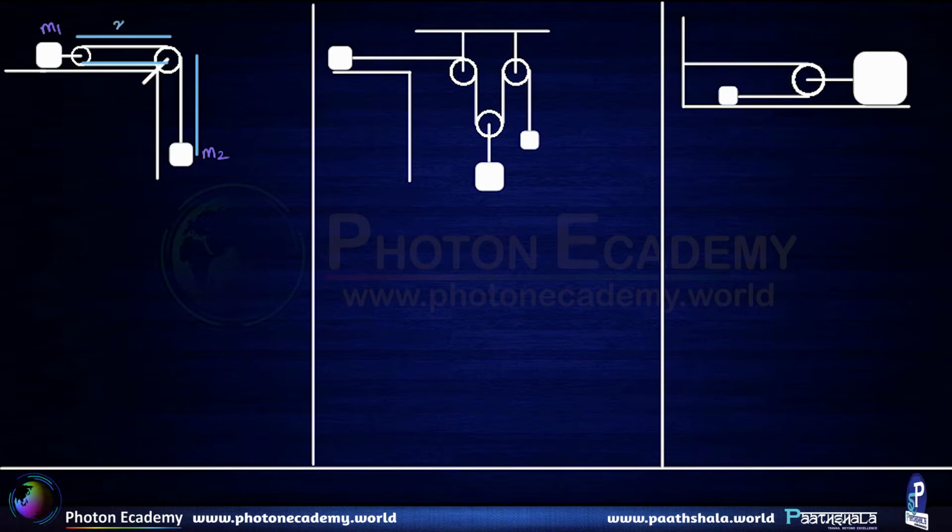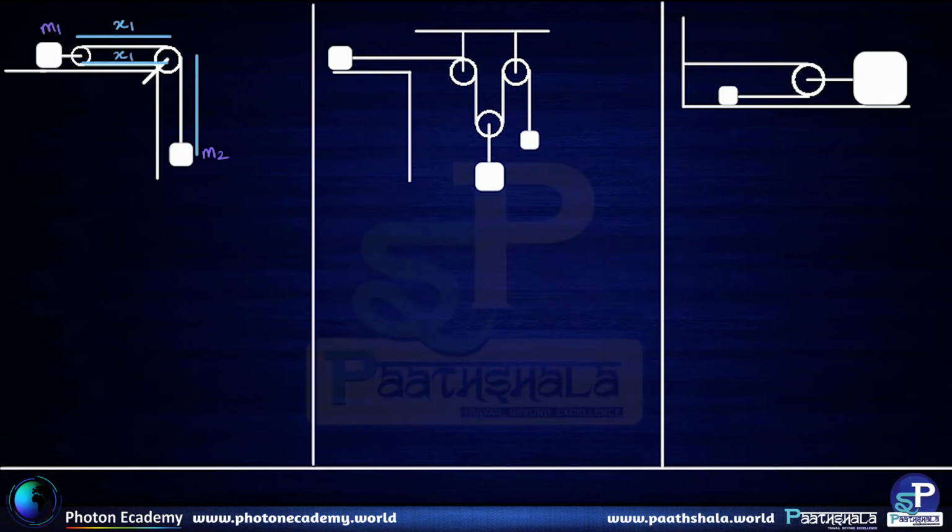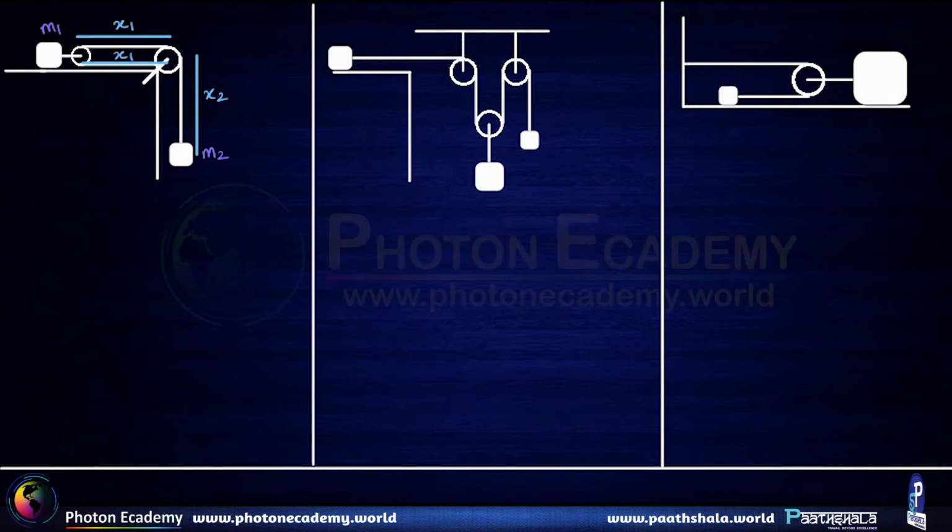So if I were to label them, this is x1, this is also x1, and this is x2. We do not consider the 1/4 circumference that passes over the pulley, because that length of the string, when differentiated, is going to churn a 0 result for us.